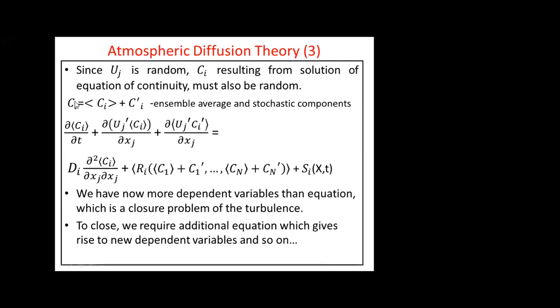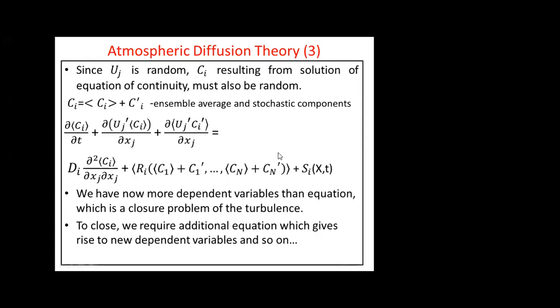So what we will do here is split ci into two parts: the ensemble average, and the stochastic part. Similarly for uj, we divide it into components, the average over time and the fluctuation. Substituting these two again in the equation of continuity, the equation reduces to this.